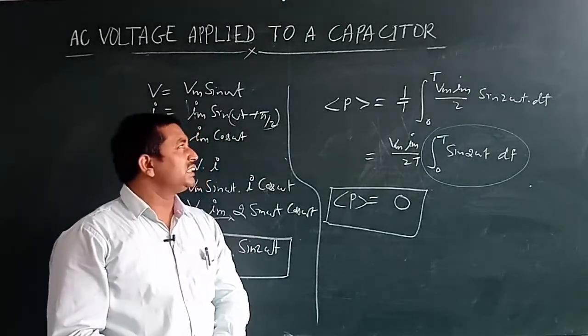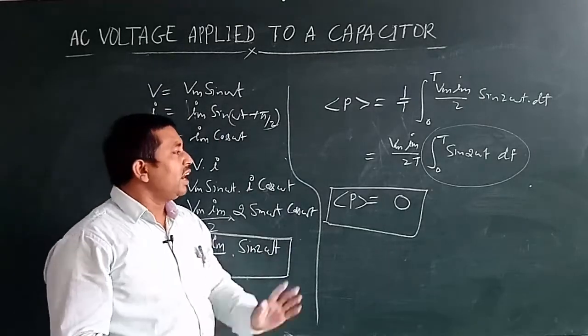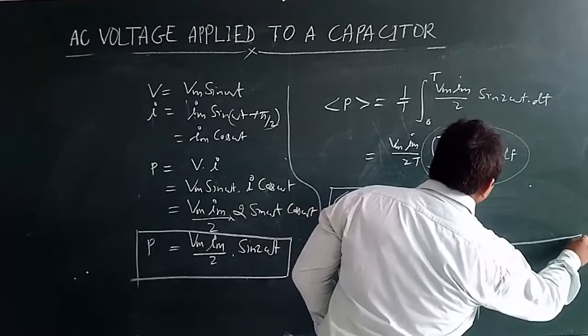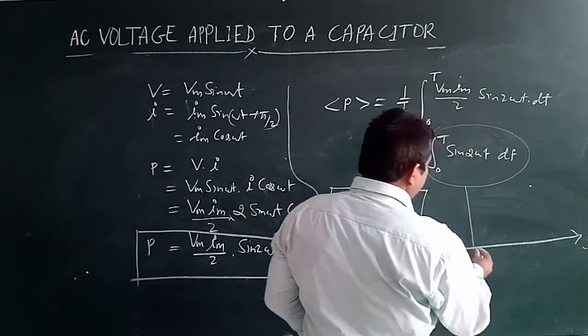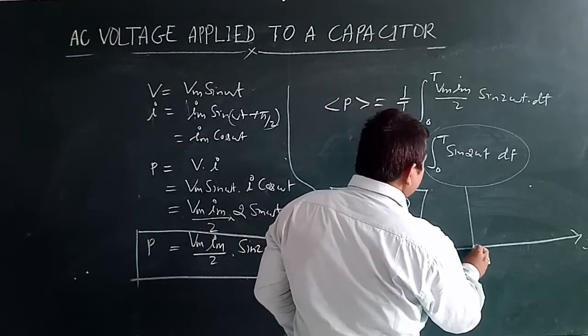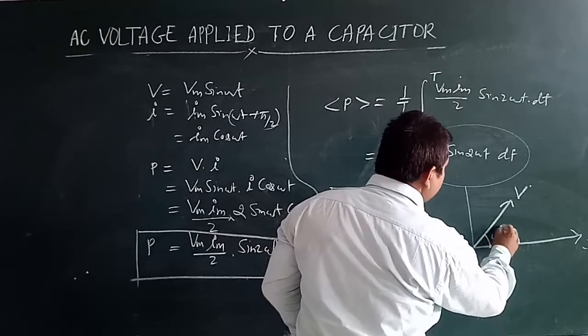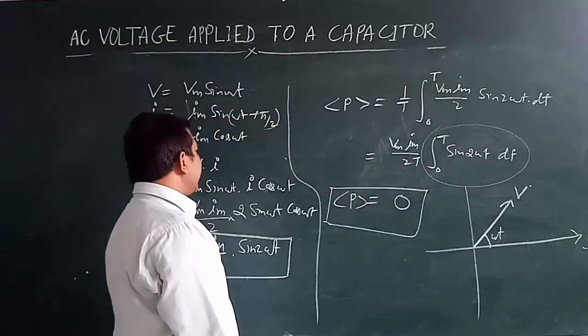Okay, so this is all about the AC voltage applied to a capacitor. You can also draw the phasor diagram for the capacitor like this. Suppose that this is the time axis. If we plot the potential, and this makes an angle omega t at an instant of time, then what will be the direction of the current?